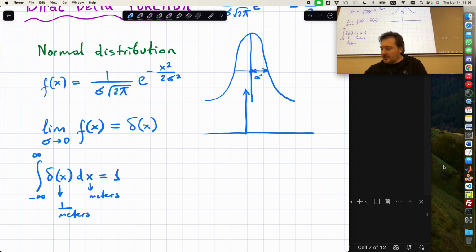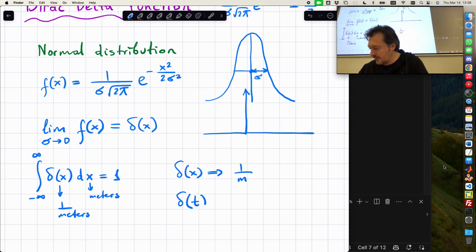So if you have a Dirac delta related to position, then this function has a unit of 1 over meter. If you have a Dirac delta with respect to time, it has a unit of 1 over second. This is going to be very useful for us. Are you with me?